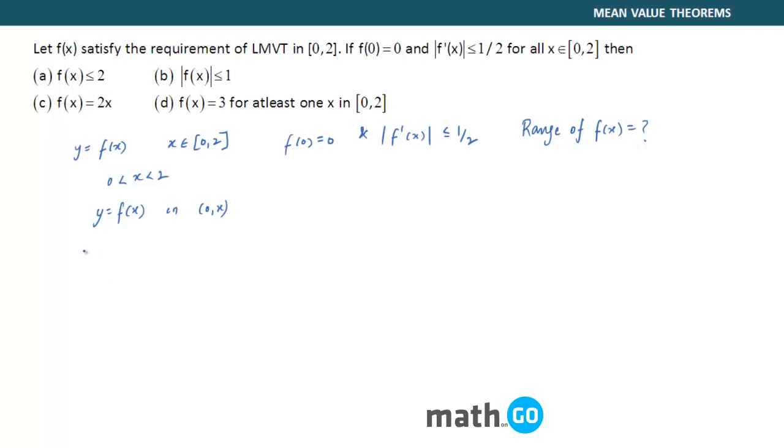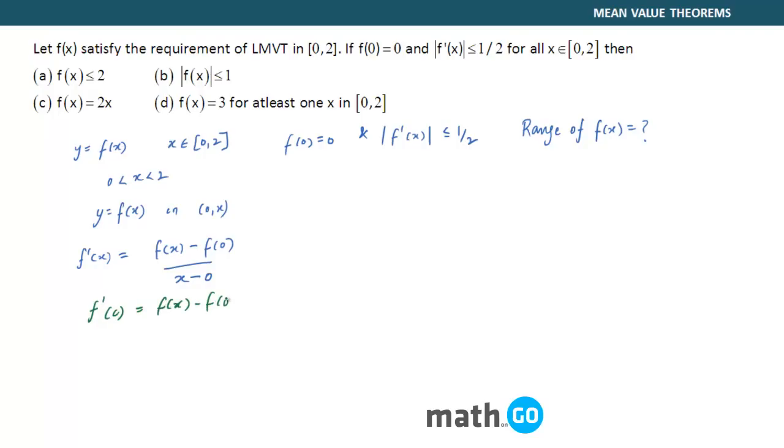So I can say that there will be a derivative f'(c) which could be written as (f(x) - f(0)) / (x - 0). Whatever the c value would be, if you do not want to write x here, you can say there will be a value c like this.